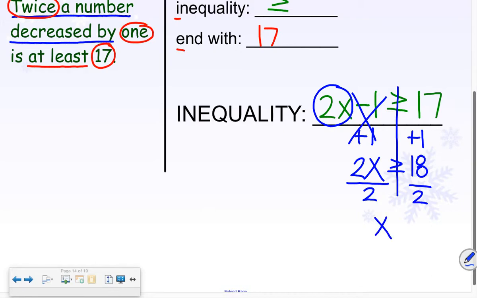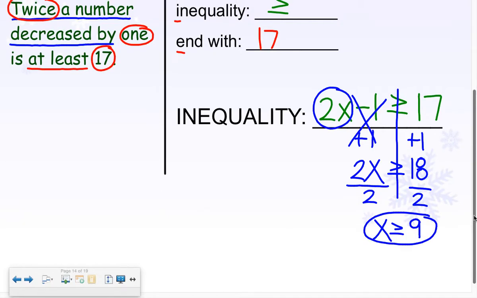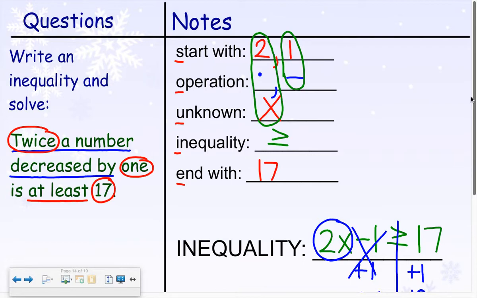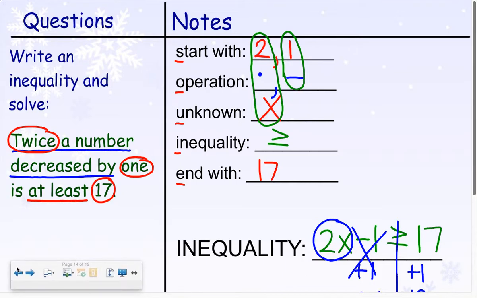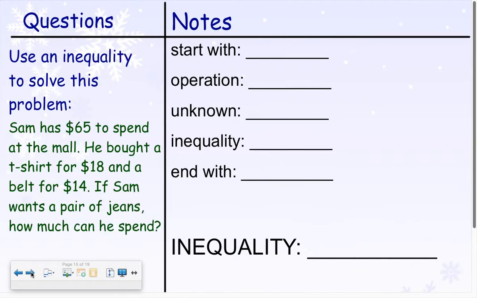And we've got x is greater than or equal to 9. So use SUI as a way to get you started, but also know you've got to read the original problem to make sure that you write things in order, because you can't always just go from top to bottom to write your inequality.